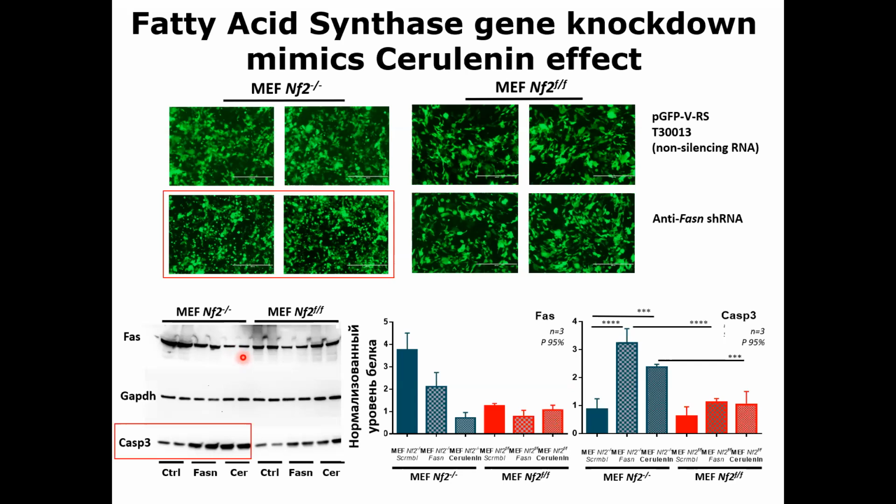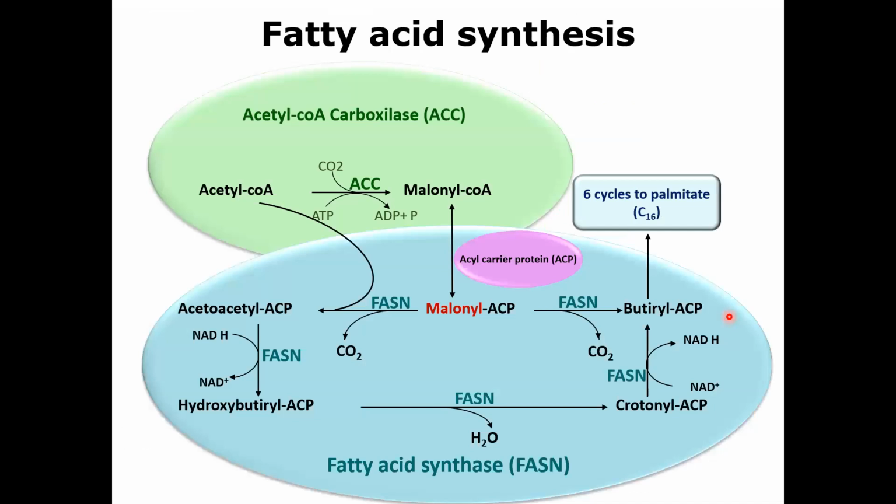So it was probably also working on the transcription factors for fatty acid synthase. And you can see that there was no such effect on control cells, same as the non-silencing RNA in the control cells. So we found out that fatty acid synthase indeed was the reason for the selective action of Cyrilline.